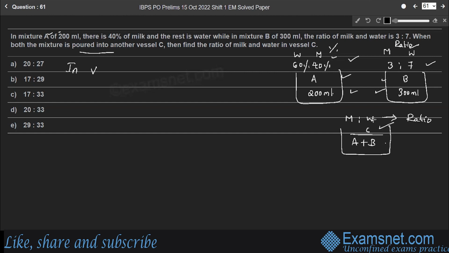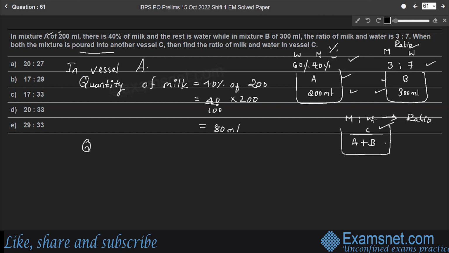In vessel A, the quantity of milk is 40% of 200 ml. So 40 by 100 into 200, which is 80 ml.